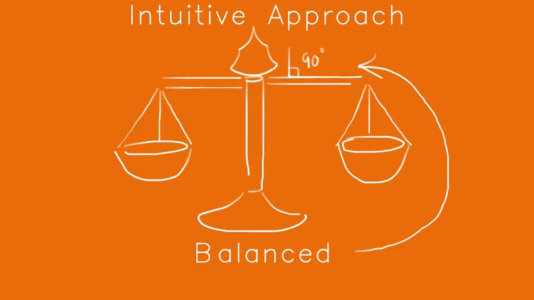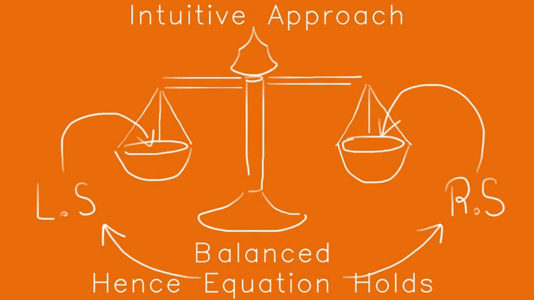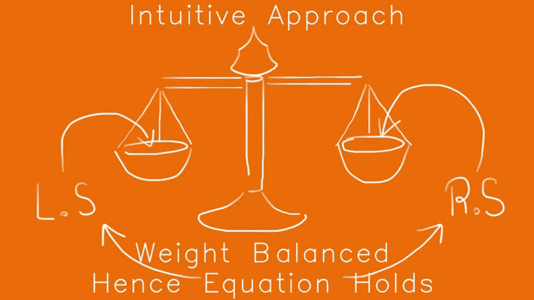So let's say we put the 2 kilo weight on the right hand side. If the balance is balanced at 90 degrees, then we can say the vegetables on the left hand side are equal to 2 kilos. That is how you can think of equations similarly, with a left hand side and a right hand side in which you put the stuff.